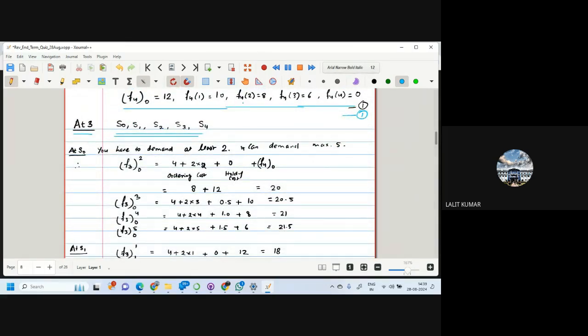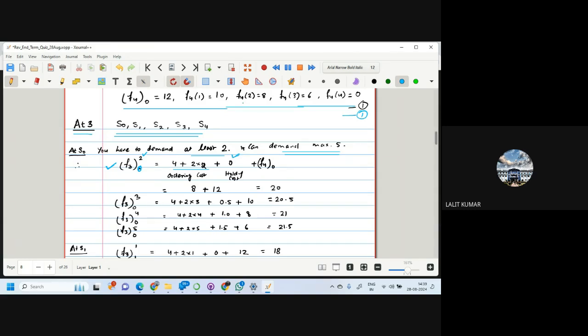So if it is 0, then he has a demand of at least 2 and can order a maximum of 5. So for example, at S0, he orders only 2. I have used this notation that for F3, his state is 0, he orders 2, the cost of ordering is this much, he does not carry anything, so there is no holding cost.